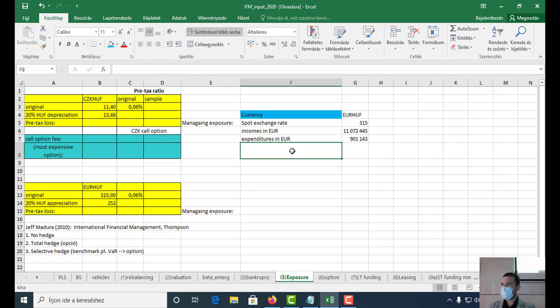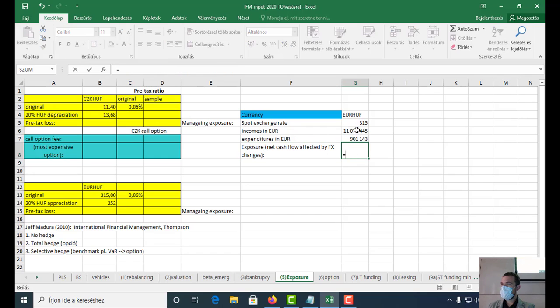And after that we have the exposure. So actually the net cash flow in danger or affected by the FX changes, minus expenditures.